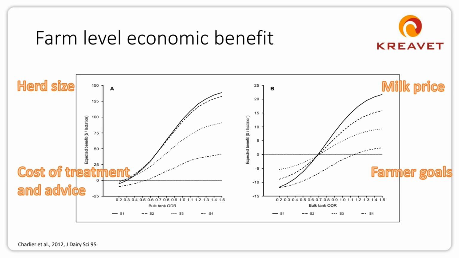If the milk price is low, they will cut costs on that, and that makes perfect sense. But there's also other factors. The herd size, we need to take into account the cost of the treatment and the advice. We need to take into account farmer goals, and so on. And this will all affect the end economic benefit to the farmer of a certain control strategy.